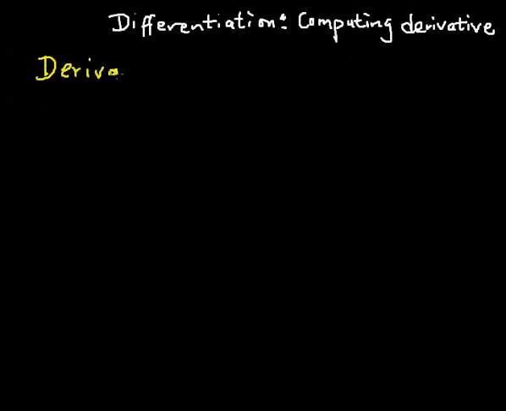The derivative of a function is defined as the smallest rate of change of that function, the smallest rate of change you can ever get.